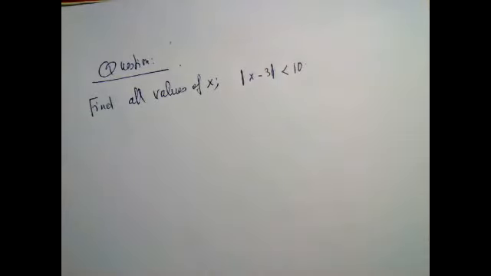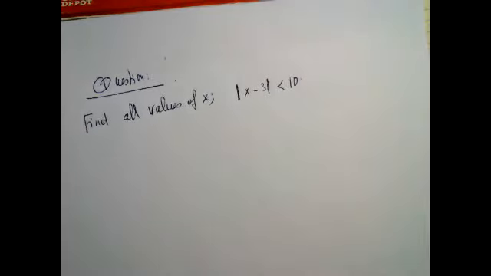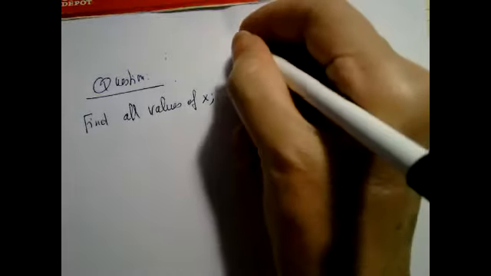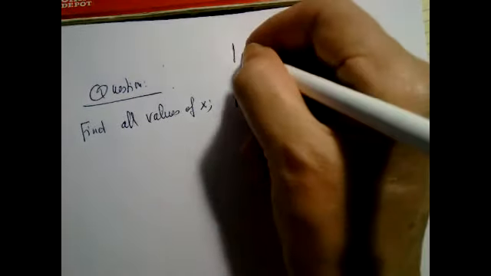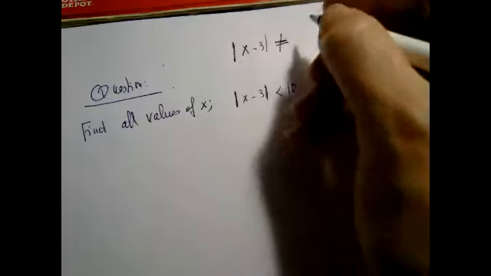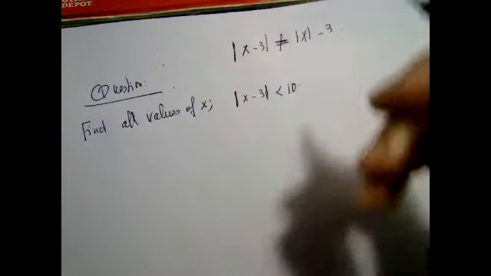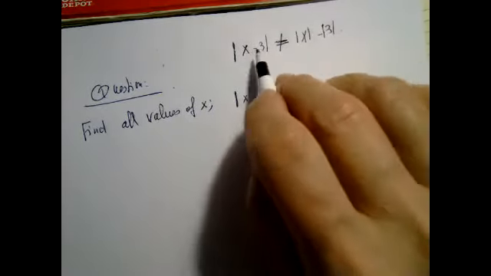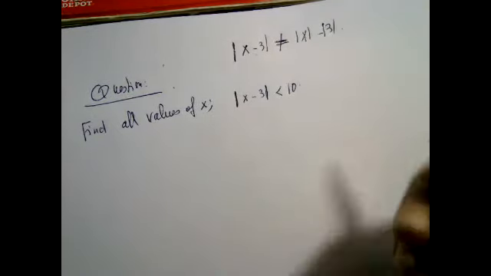First, before any of you make a mistake with absolute value, we cannot split the absolute value if we have a sum or difference. So be very careful: the absolute value of X minus 3 is not the absolute value of X minus the absolute value of 3. We can't split the absolute value if we have a difference. If we have a product, we can, but not a difference.